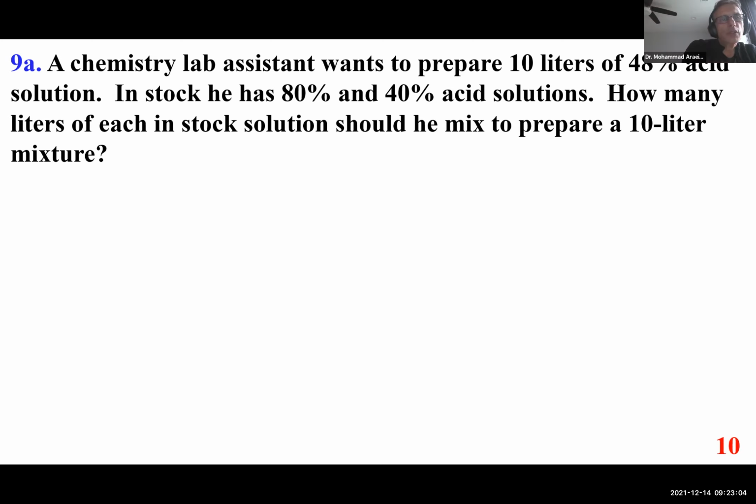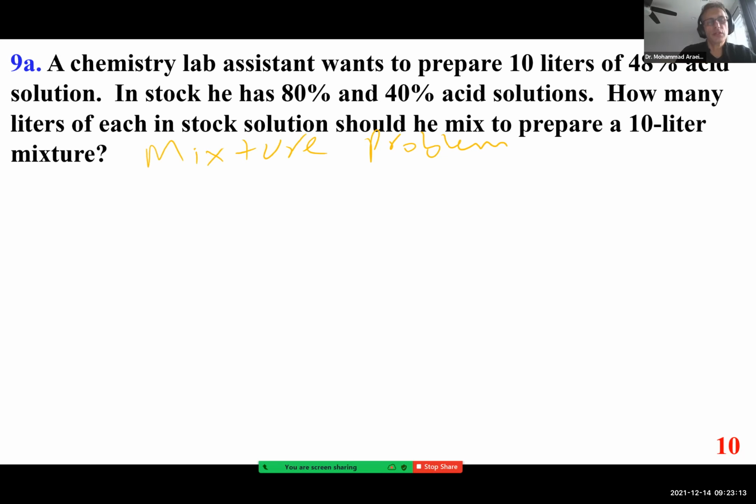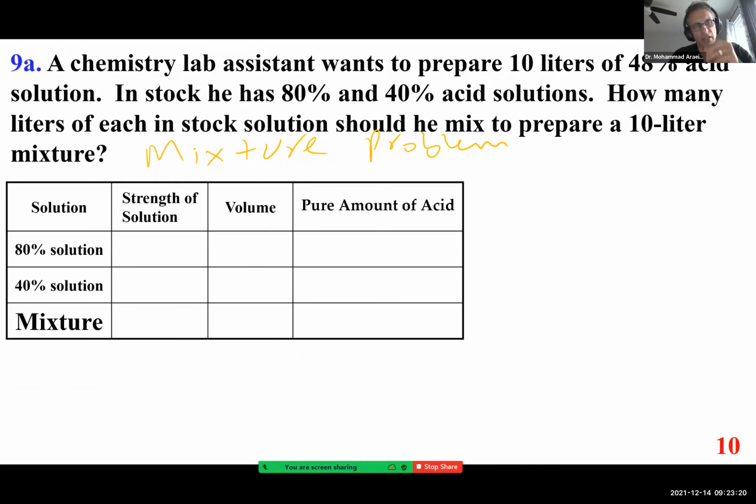Perfect. We are dealing with what is known as a mixture problem, which means when you mix things, you keep their total weights or volumes fixed. So we need to come up with a table like this.